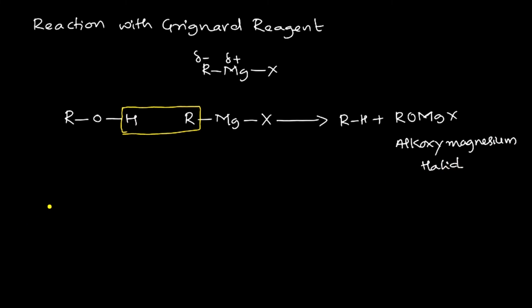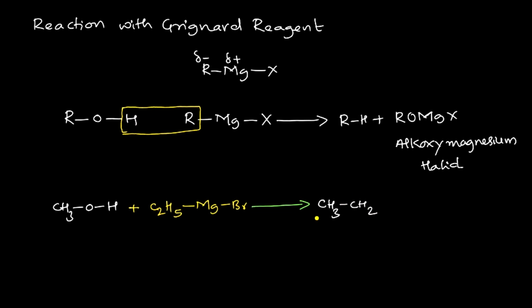We take one general example. Take the example of CH3OH, methanol. So methanol is reacting with ethyl magnesium bromide, that is C2H5 Mg Br. The reaction proceeds in the presence of dry ether, and we get a product that is CH3 CH2, and to this the hydrogen gets attached.